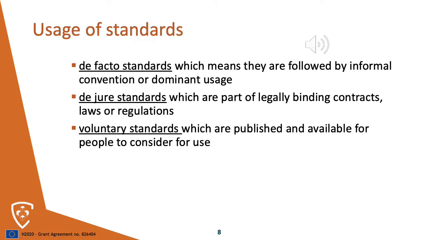Finally, voluntary standards or private standards are standards developed by non-governmental entities such as businesses, not-for-profit organizations, or initiatives involving multiple stakeholders. Some examples of voluntary standards are Fair Trade, Organic, Rainforest Alliance.